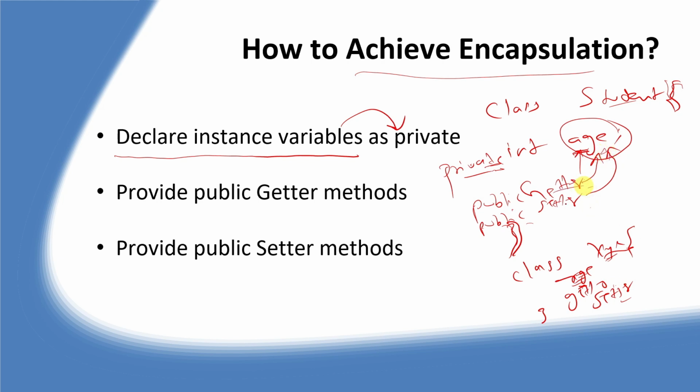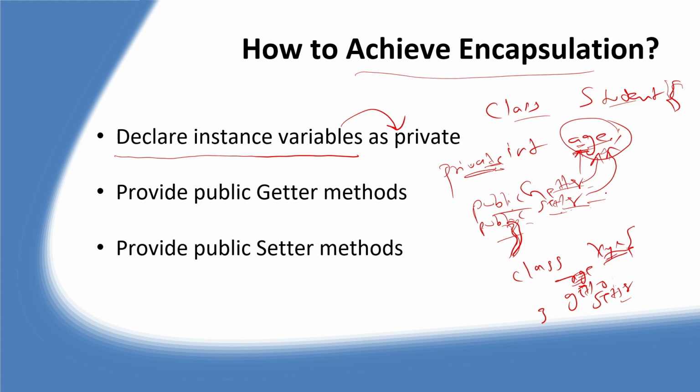Why can the getter and setter use it? Because the variable has private scope and is available within the class, and the getter and setter are present within the class. So the getter and setter can utilize this variable, and we can utilize the getter and setter outside the class. Why? Because we have mentioned public scope for them.